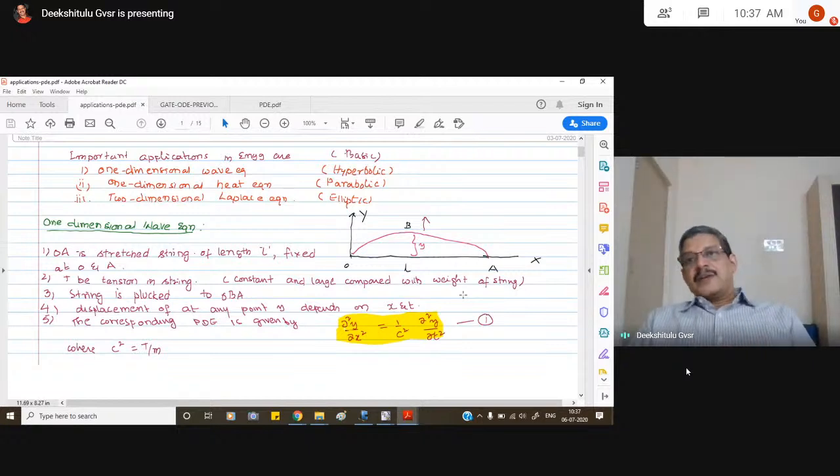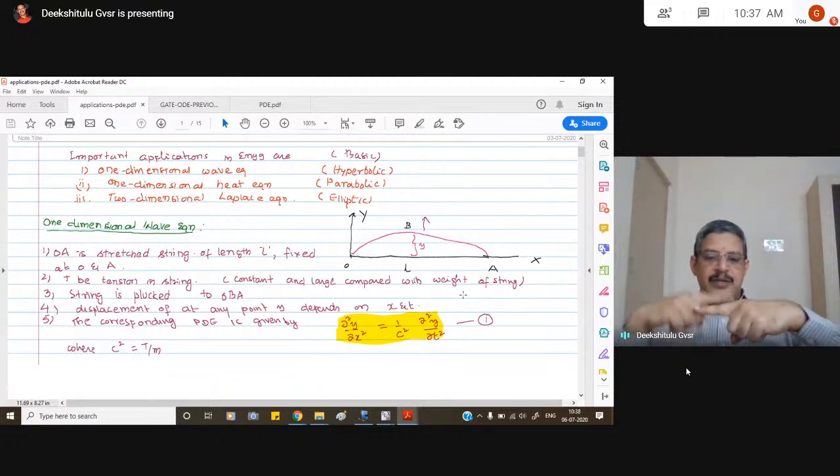Every day, whatever music you hear, this is the example. So fix the string at both ends, then apply some force and put it into vibration. This will vibrate like this. This is the equilibrium position, and it will vibrate like this.